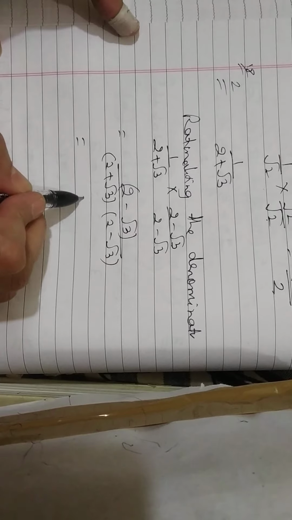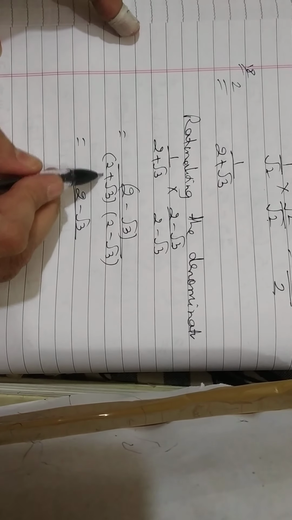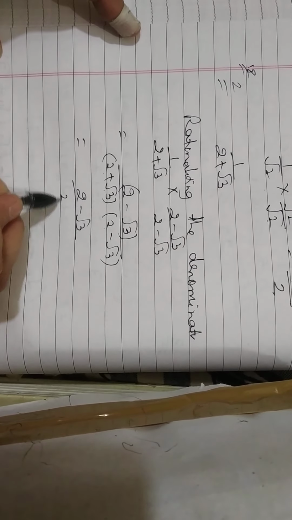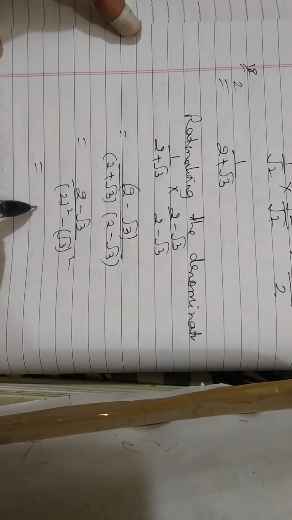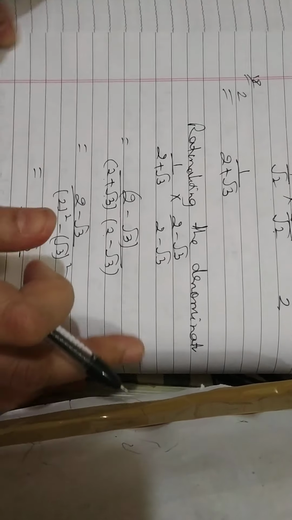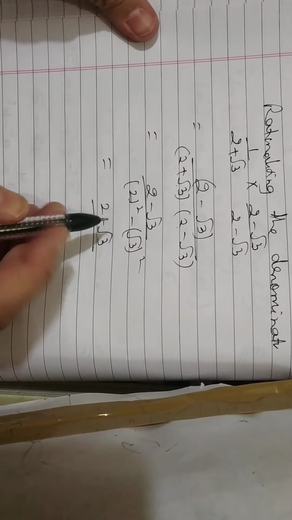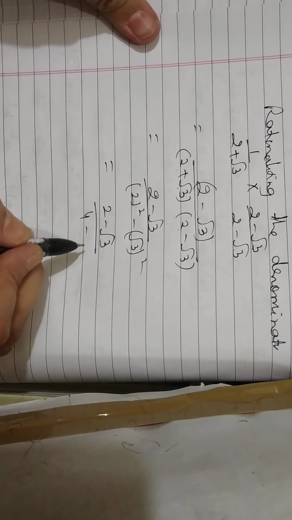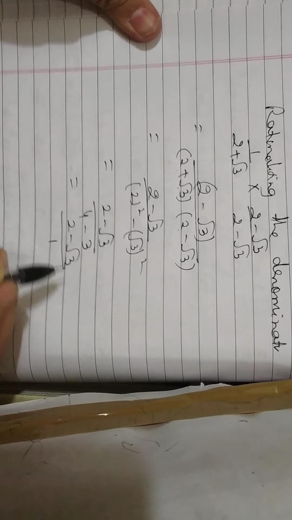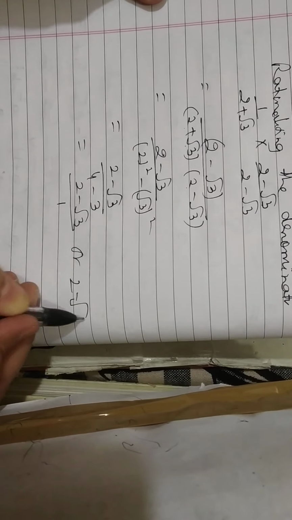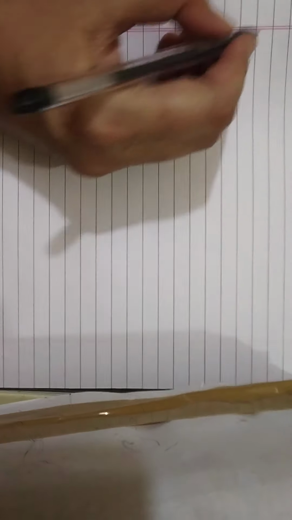So what you are going to get? 2 minus root 3. Here a plus b, a minus b. So a square minus b square. This is 2 minus root 3 upon 2 square means 4, root 3 square means 3. So 2 minus root 3 upon 1. Or you can directly write 2 minus root 3. So we'll take another example. Solved example 19th.